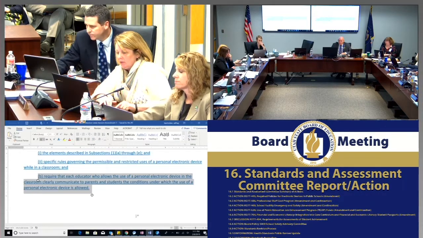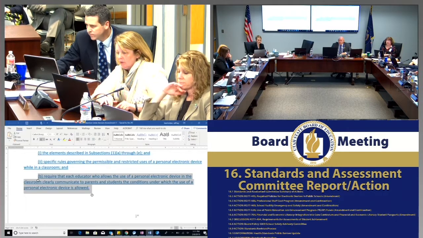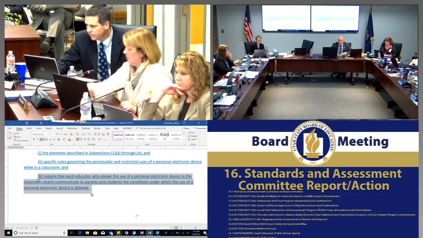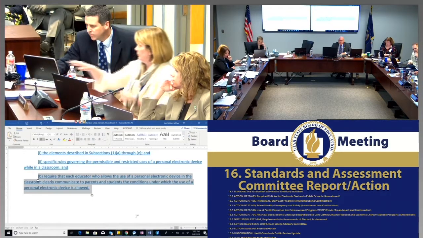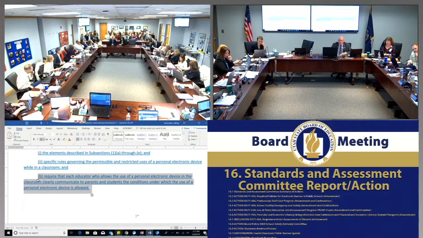So I'm thinking that we should keep it in or change it so that parents are notified in a different way. There is a, Chair, if I may, very quickly. Yes, please. There is a section in the rule that does require the LEA to post the policy, whatever it may be, and the school to put on their websites as well, whatever their policy is. Correct.